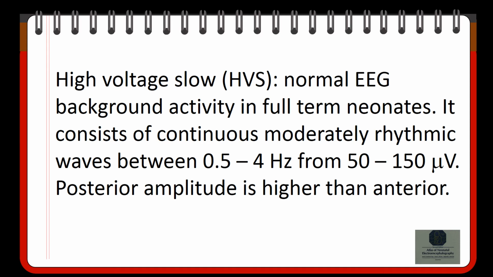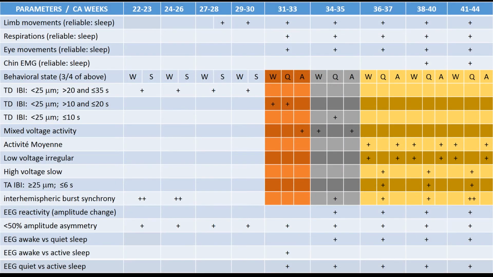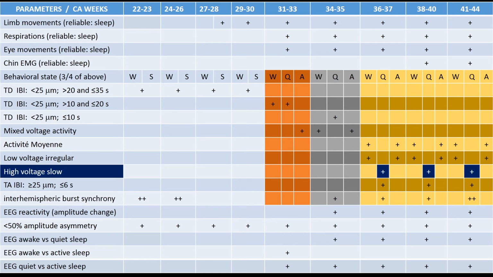The posterior amplitude of the activity is higher than the anterior amplitude. As you can see in this table, high voltage slow wave occurs during quiet sleep from 36 to 44 weeks.